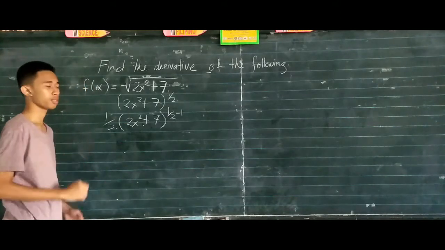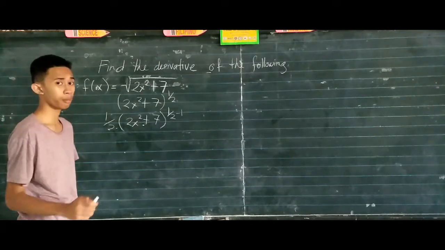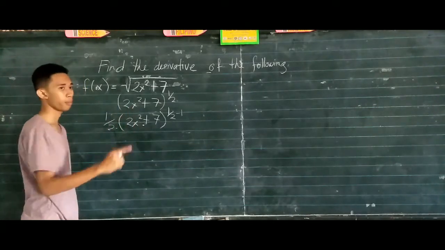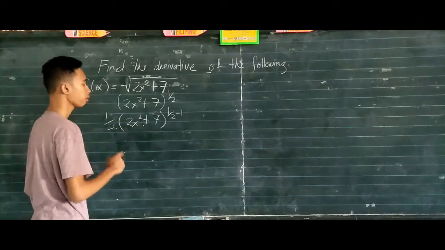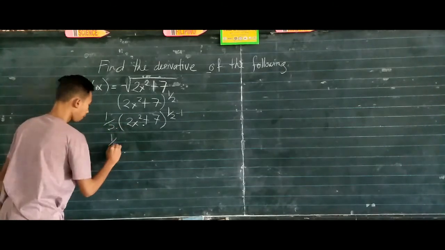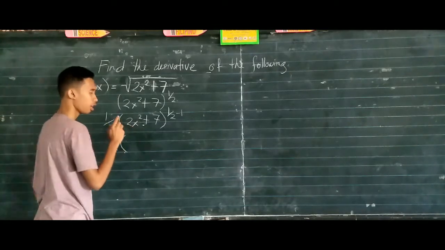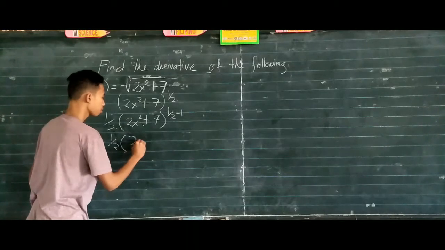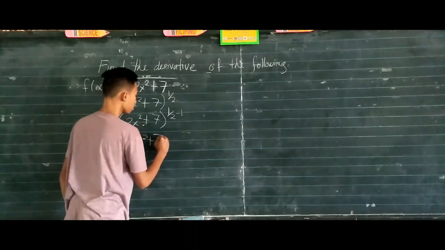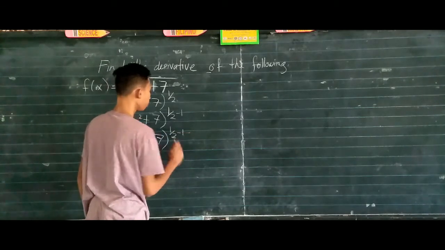Then the next step is we have to find the derivative of the 2x squared plus 7. So how can we find it? First, we bring down the 1/2, then bring down the equation 2x squared plus 7, then copy the 1/2 minus 1.